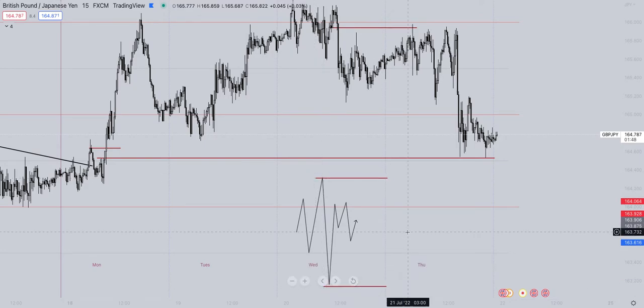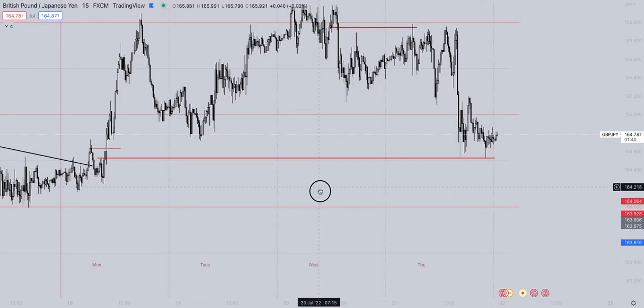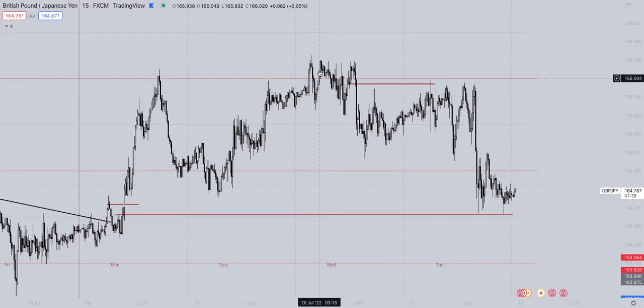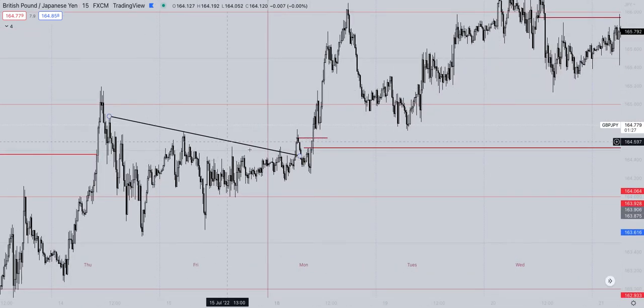This is our peak formation, and everything inside is just noise. The second one is your double and triple top. They're pretty self-explanatory. You've got a triple top here, or you can call it a head and shoulders. As I said, they're all similar, but have slightly different nuances.